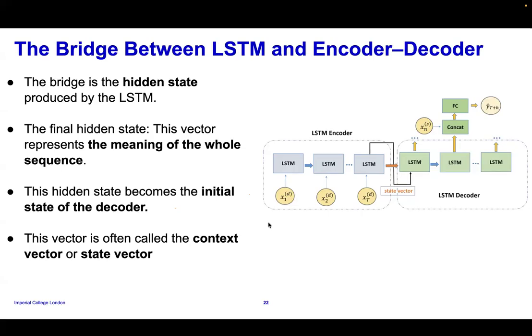For example, if I pass a sentence from one word to the last word, the whole meaning of the sentence is compressed into this. The hidden state becomes the initial state of the decoder. This vector is often called the context vector or state vector. So this is the idea of the encoder-decoder.